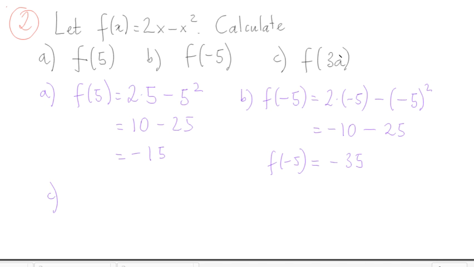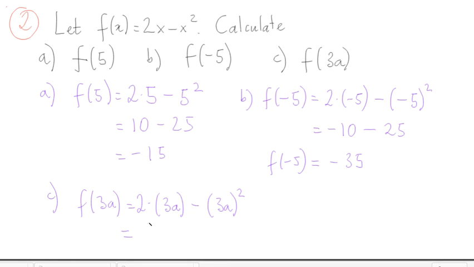Now what happens when we don't have a number but an algebraic expression here? I've got 3a. Well, it's the same thing, I just have to replace x with 3a. So f of 3a is 2 lots of 3a minus 3a all squared.